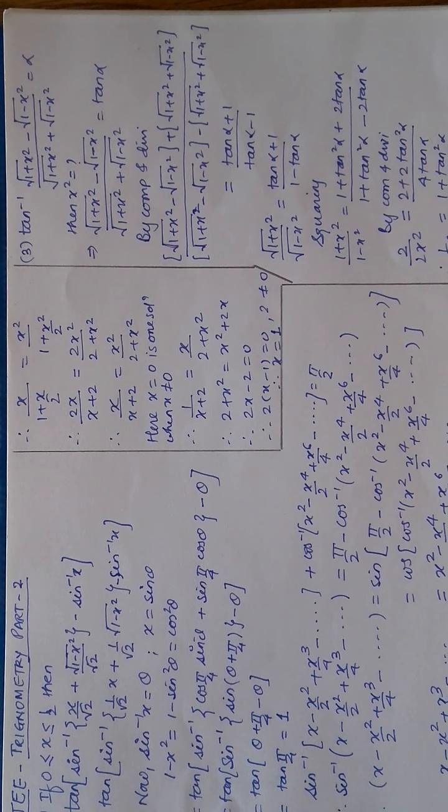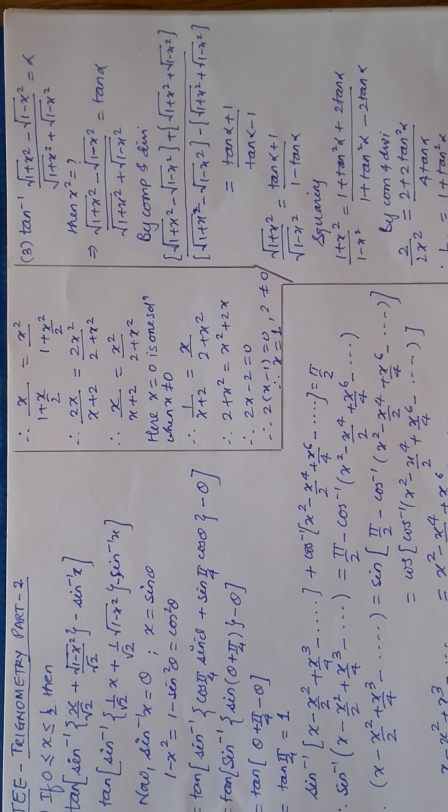So naturally this will become x square is equal to 2 tan alpha upside down, written as sin alpha upon cos alpha. 1 plus tan square alpha is equal to sec square alpha. Sec square alpha is nothing but 1 by cos square alpha, right? So this will come upside here, that will become 2 sin alpha upon cos alpha into cos square alpha.